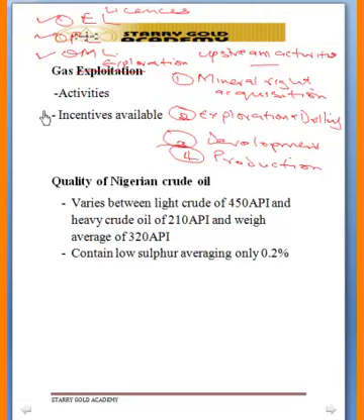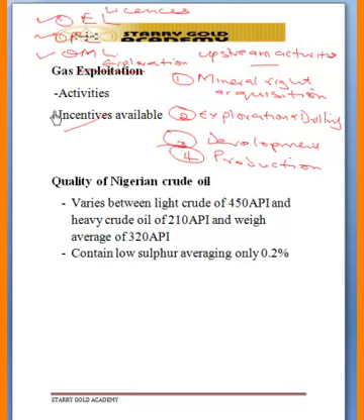That's one incentive. Two, capital investment facilities to deliver associated gas in usable form at utilization or designated custody transfer point will be treated for fiscal purposes as part of capital investment for oil development. Did you get that? So that's another incentive. We are looking at incentives available here.